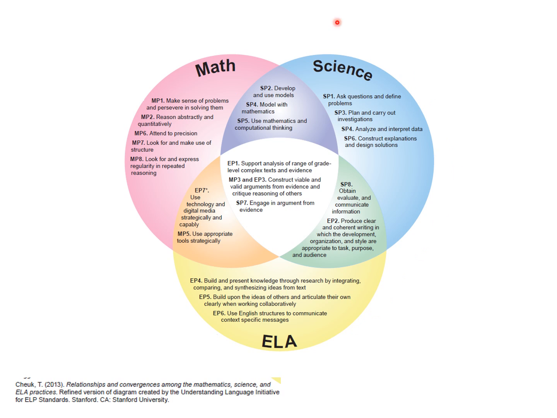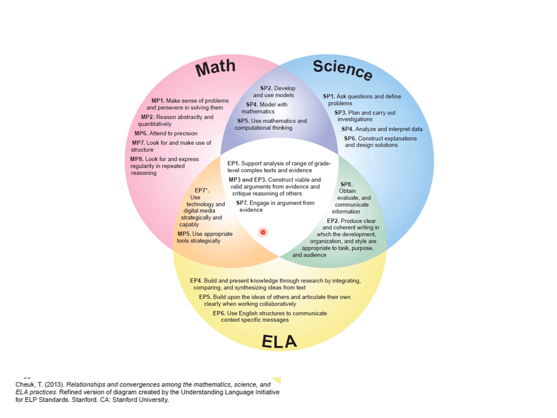And what this diagram shows is the commonality across these different fields and the practices that are involved. For instance, here are the 8 science practices out of the NGSS. Here are math practices and English language practices out of Common Core, and what they've shown is that there's a lot of overlap between these.